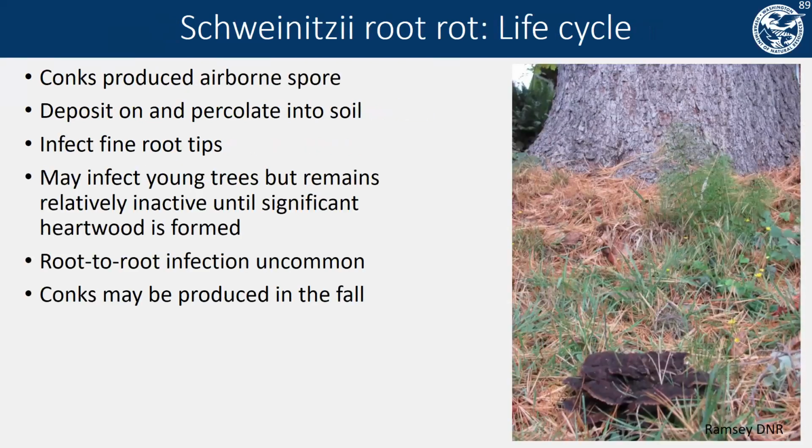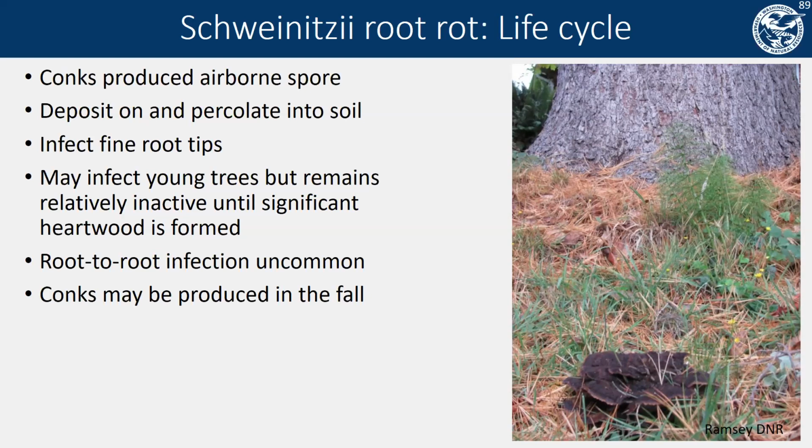So a little bit about its life cycle. Those conks that we talked about, those fruiting bodies, produce airborne spores when they appear and are fresh in the fall. These airborne spores are widely distributed and deposit on the ground and then eventually percolate into the soil.